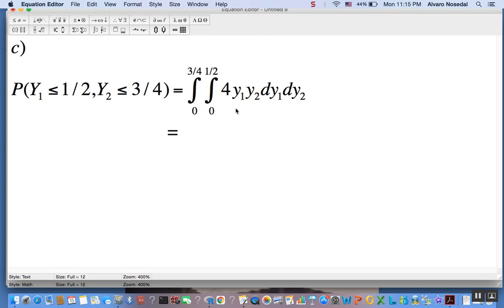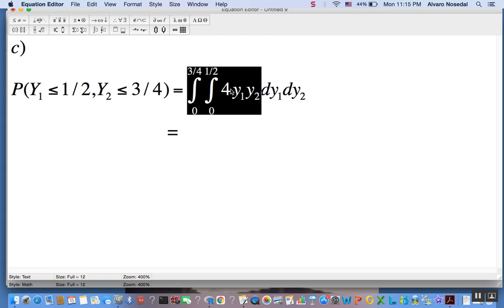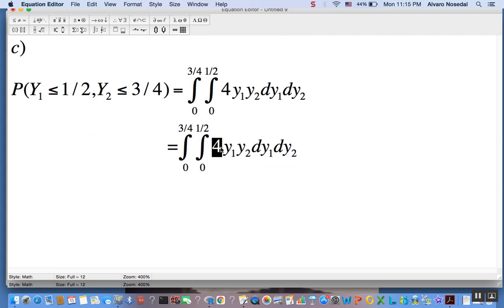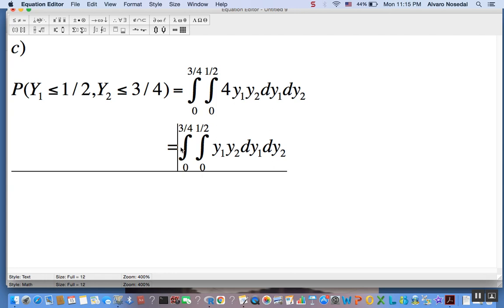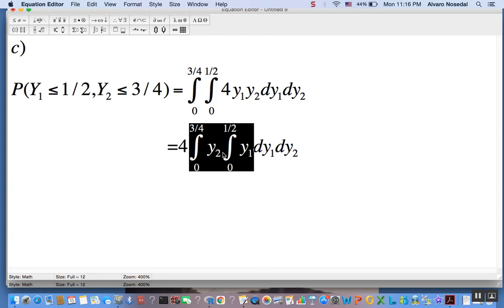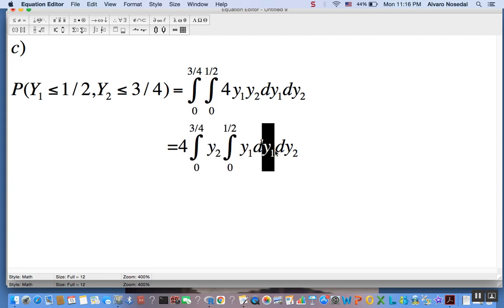So it's going to be easy. It's going to be very similar to what we did before. Note that we could factor out that 4. Let's place it outside. Now y2 is going to be constant with respect to y1, so we just pay attention to this integral here.